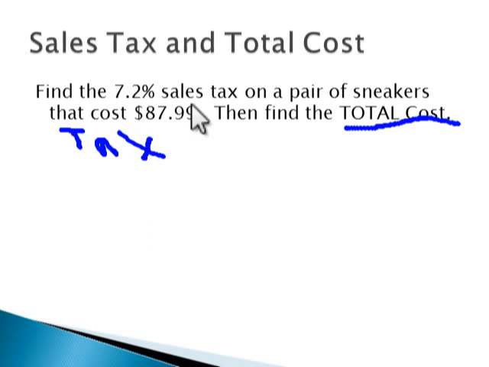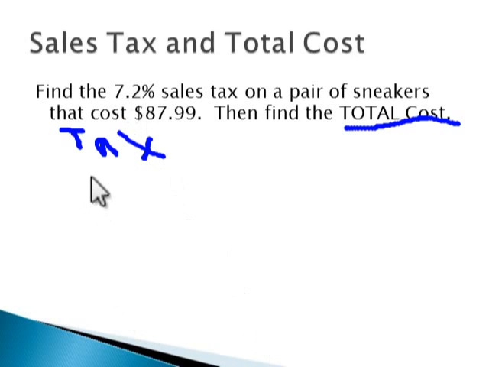So sales tax is a percent of the cost. In this particular case, it's 7.2% of the cost, which means that we're going to take 7.2%, change it into a decimal that we can use to multiply, and then multiply that decimal times 87.99.